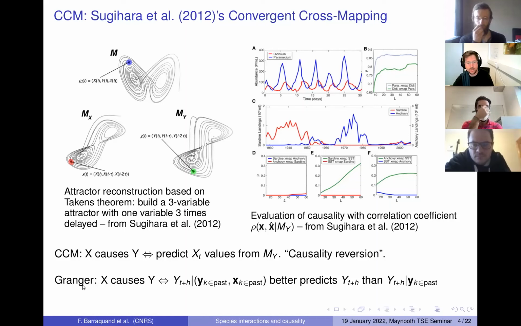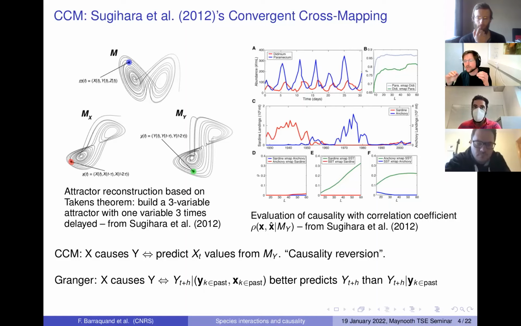So with Granger causality, if X causes Y, then we say that this is equivalent to having X values that are better predicted when you use information about both X and Y rather than just about past values of Y.